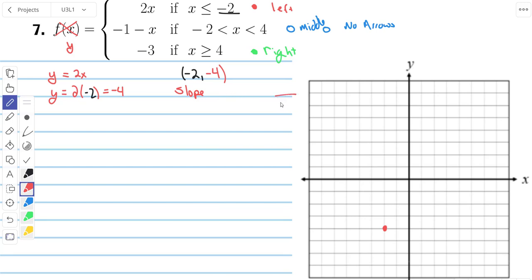I know I need to go left, so I need to find what needs to happen. So my slope is what's in front of my x, so 2/1. And I want it to be positive, so that means I need to go down and left. So down 2, left 1. Down 2, left 1. Now let me graph that. Starting off with the dot that I started with, and then I'm going to go off the paper. And don't forget that this is an arrow at that end.